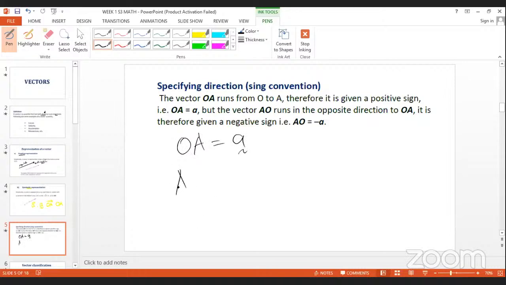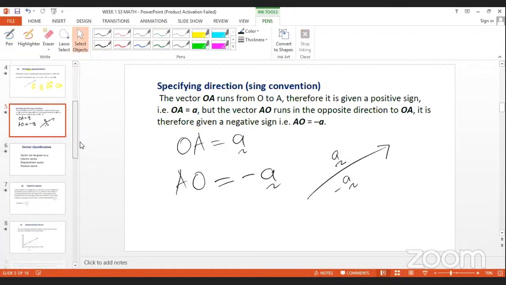But when you say AO, it now turns into what? Into a negative, because you are moving in a reverse direction. So when you draw your line like this, if this is vector A, because you're moving forward. But if you come back this other side, it will become negative A. Okay, so that is also something that we looked at.